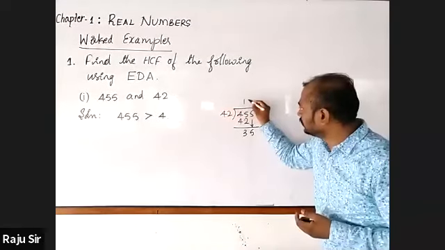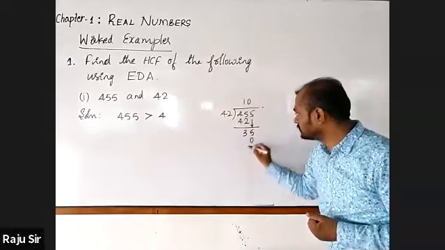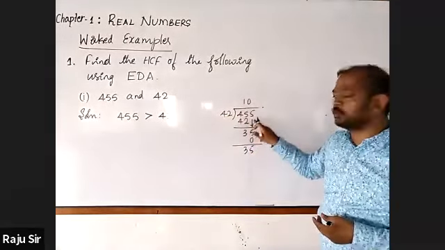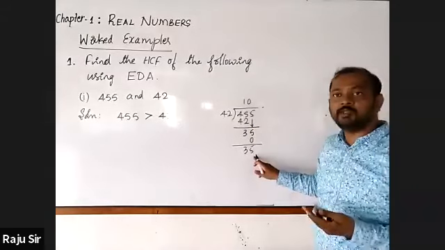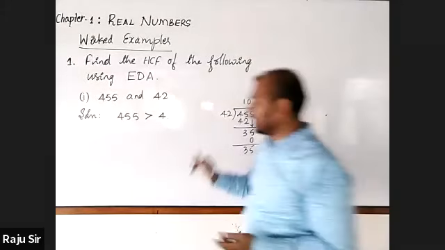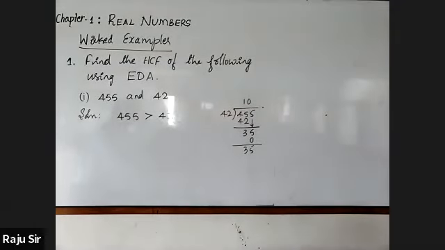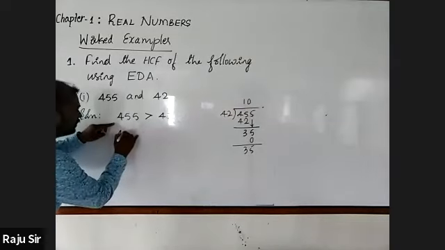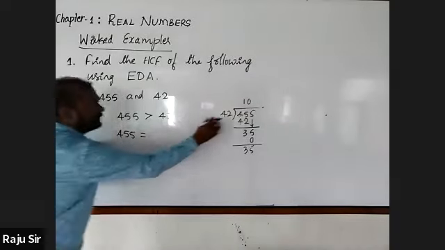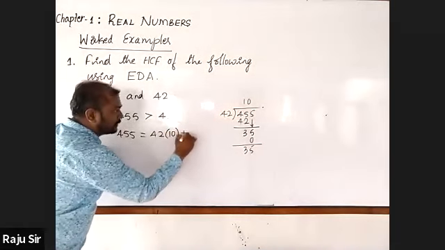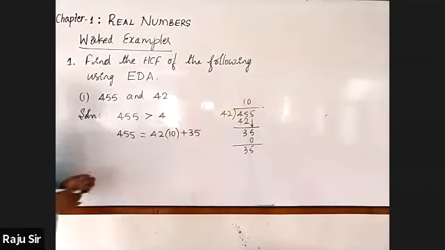Then 42 zeros are 0. Then 35. Very simple. 42 tens are 420 and 35 will remain. So I'll write that in the form a equals bq plus r. That is, 455 can be written as 42 tens plus 35.